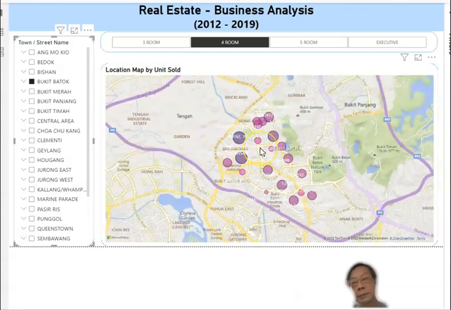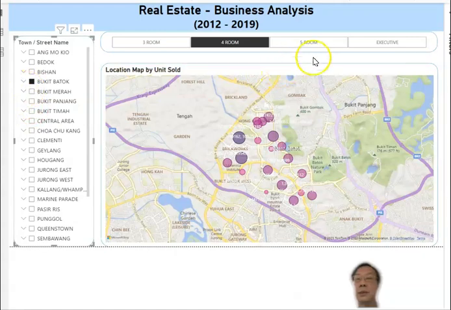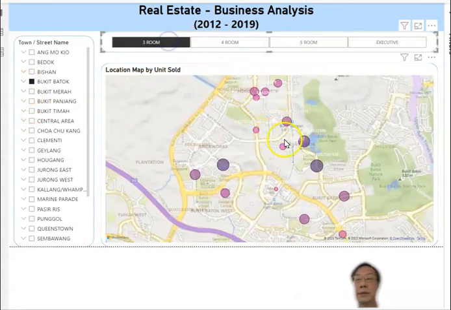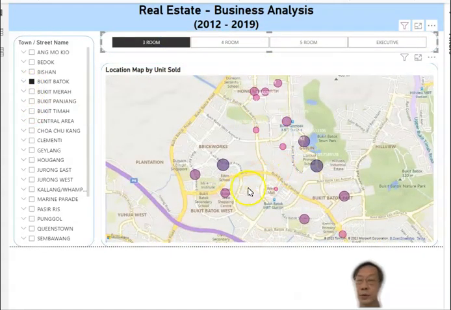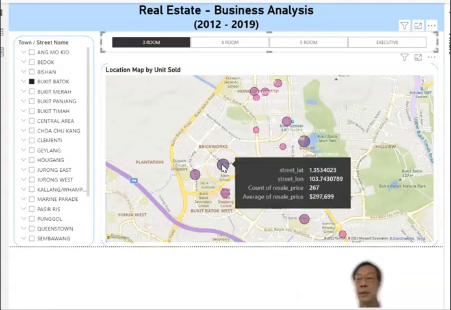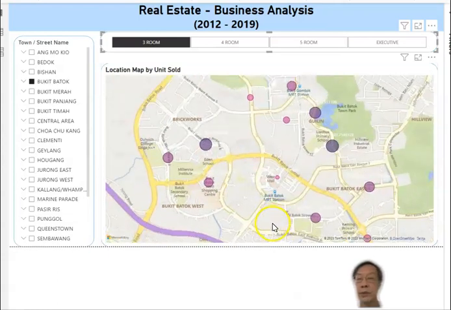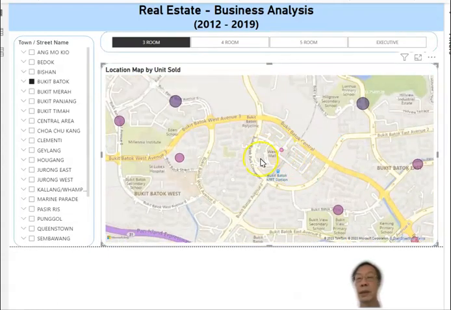You can see the volume sold in the bubble, and the bigger the bubble, the more transactions. You can click onto the 3-room, 4-room, and 5-room to see the units sold. You can mouse over to see the volume and the units sold. You can even zoom into the area to see whether they are near an MRT or shopping center.